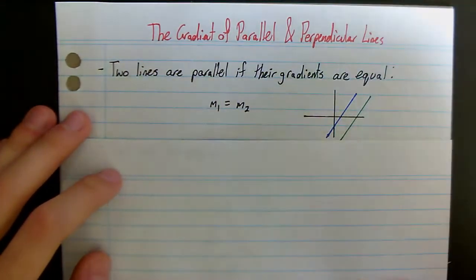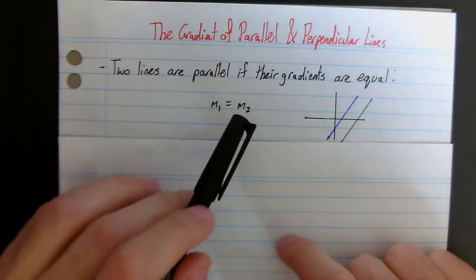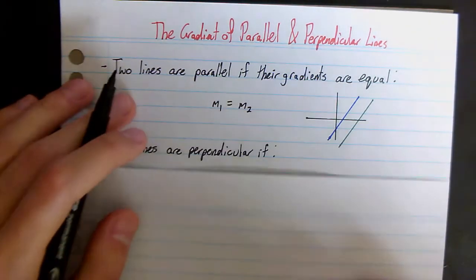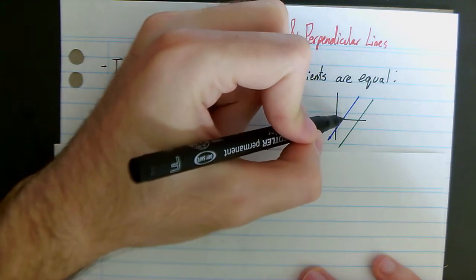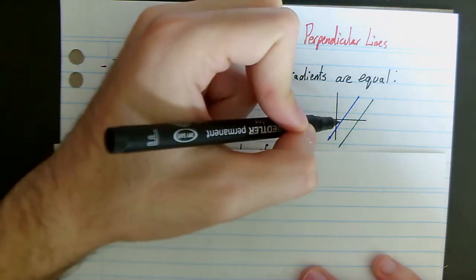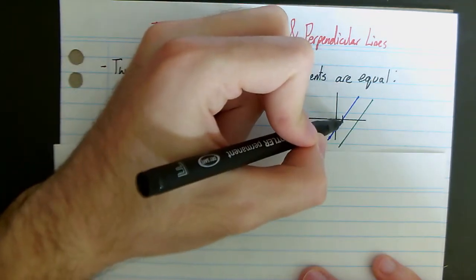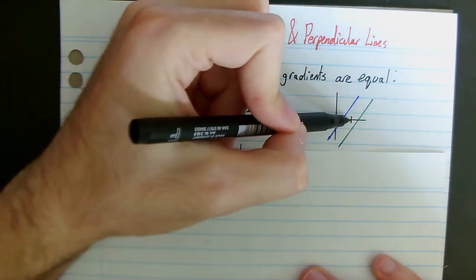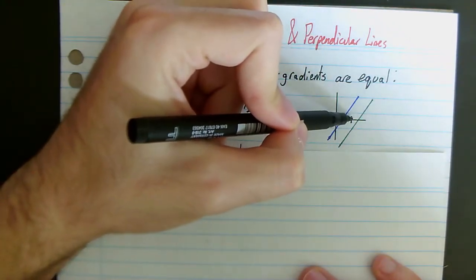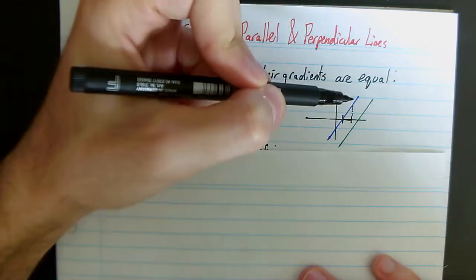But if we try to relate it to their gradients, hopefully you can realize that if we consider a certain distance on the blue line, from this point here, let's say, to somewhere over here, then by this distance we are rising by a certain amount.